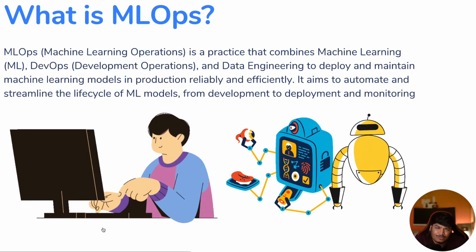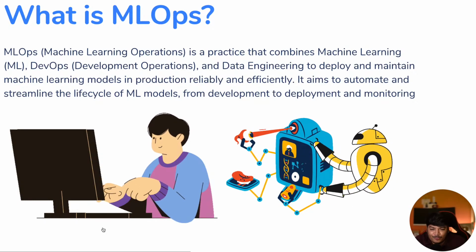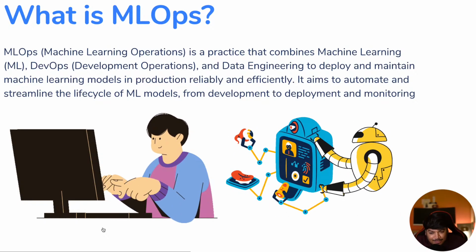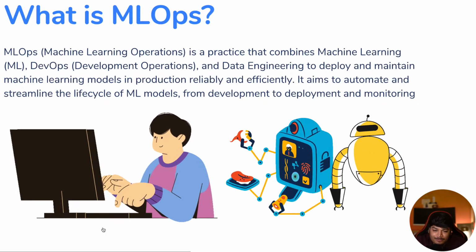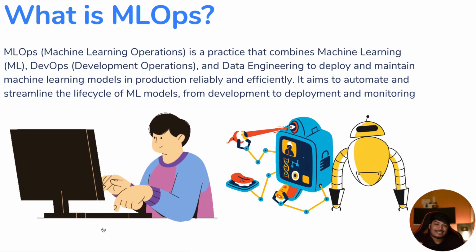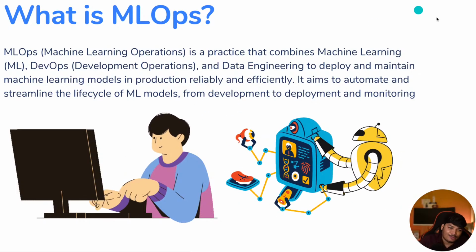I will try to explain this via a whiteboard, so don't worry. It aims to automate and streamline the life cycle of ML models from development to deployment, and monitoring also. So bear with me.